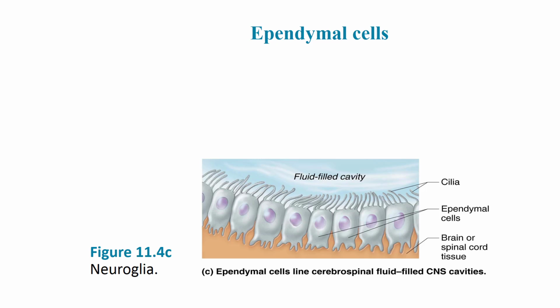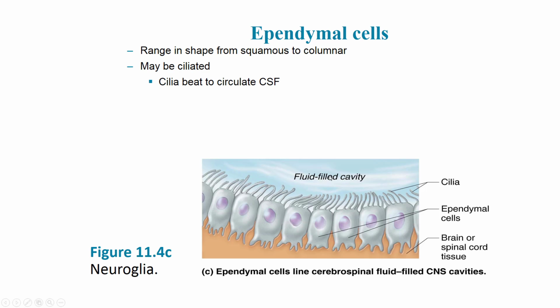And then finally, you have the ependymal cells. Well, this is not the last, this is the third one. They range in shape from squamous to columnar, and you could see that they look like they're covering some surfaces in the brain and spinal cord. They are ciliated, and therefore they are covering fluid-filled cavities in the central nervous system.